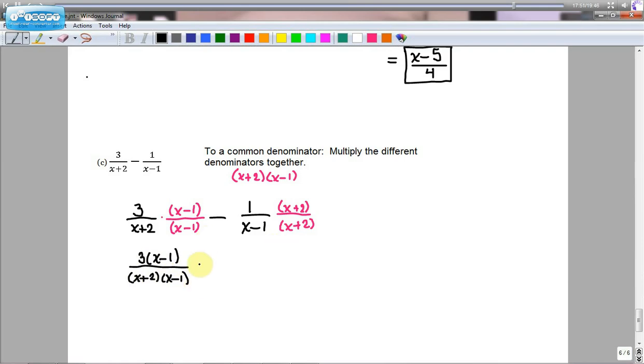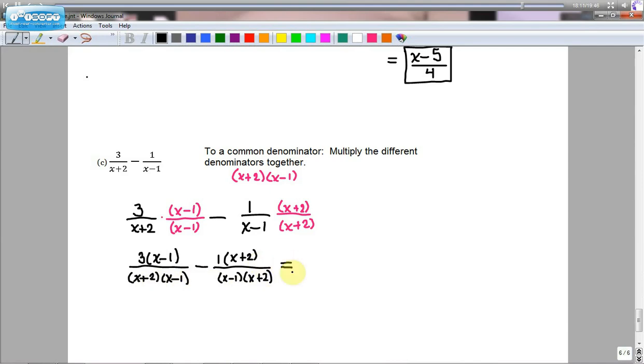Then we have a minus 1 times the quantity x plus 2 over x minus 1 times x plus 2. They're the same. The order doesn't matter. 3 times 5 is the same as 5 times 3. So they're still the same.